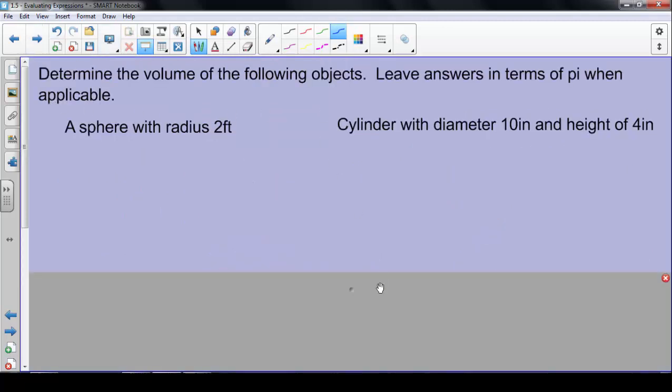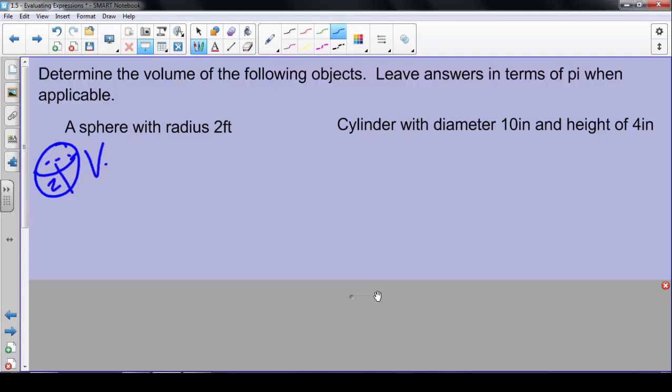So now we're going to practice with volume. So the first one, we've got a sphere, and we know the radius is 2 feet. The volume for a sphere is 4/3 pi r cubed.